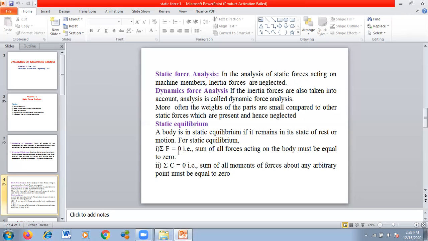The second condition is that the summation of all the couples or moments due to these forces about an arbitrary point must be equal to zero. So for the body to be in static equilibrium, the sum of all the forces must be zero, and the moments caused by these forces about an arbitrary point must be zero. This is called static equilibrium.